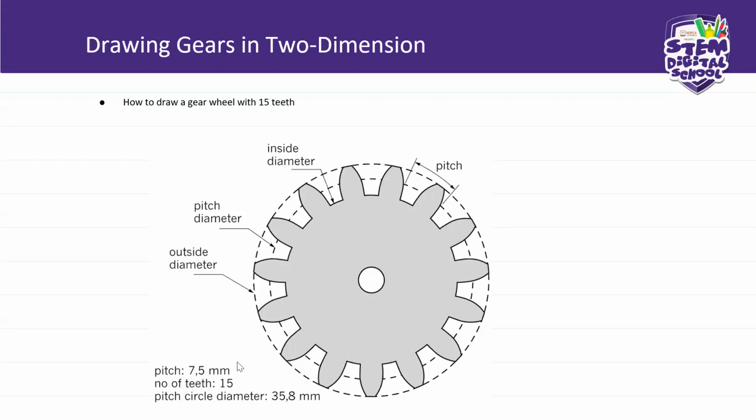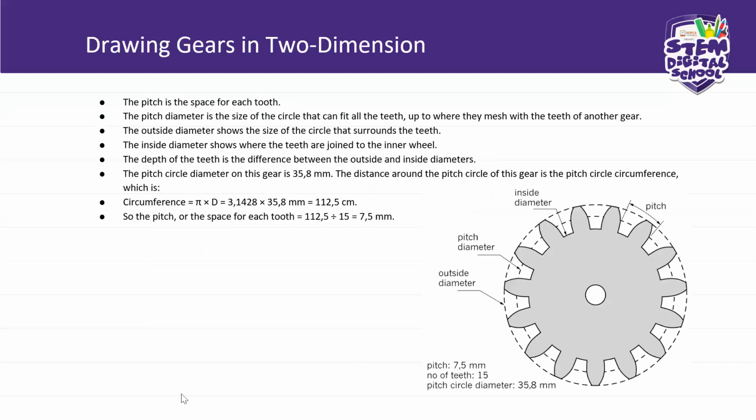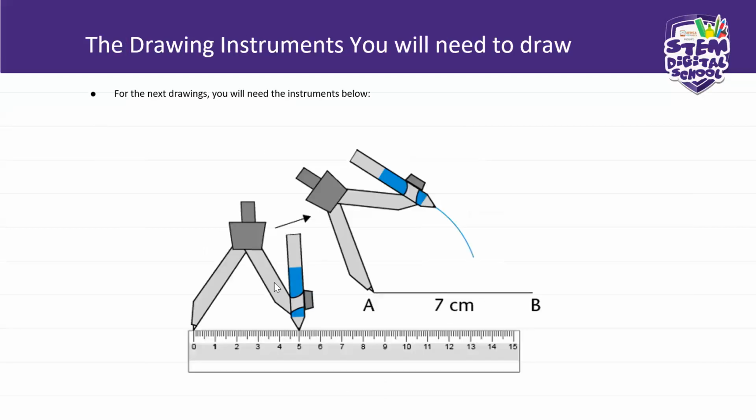So when you are practicing that, you make your pitch 7.5 millimeters, and then you know that your number of teeth is 15. The pitch circle diameter is 35.8 millimeters. How do you do that?